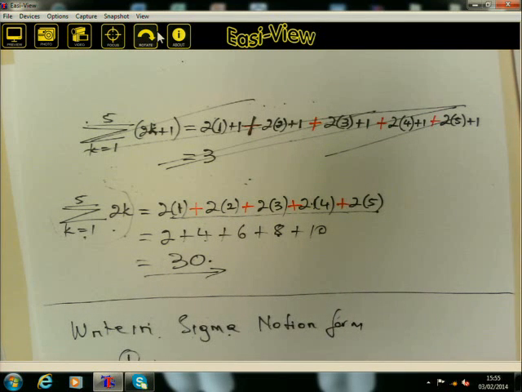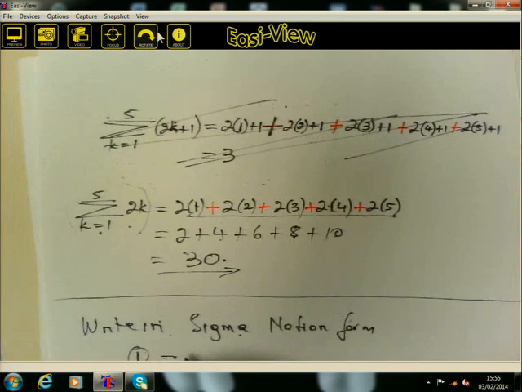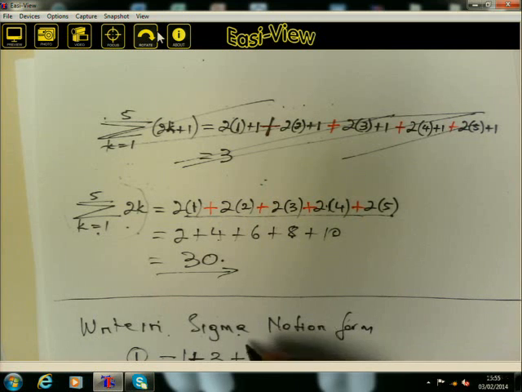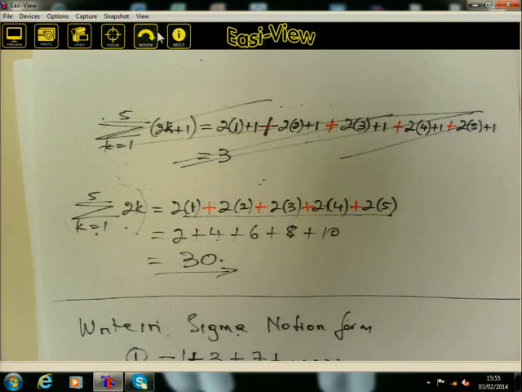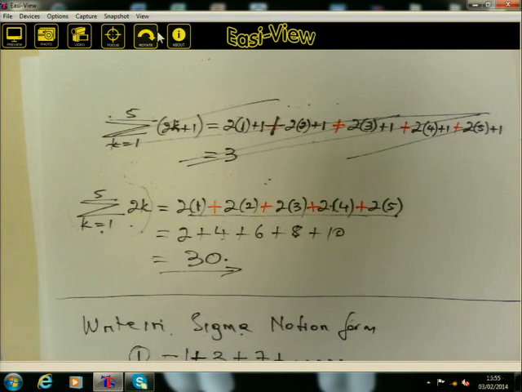The first one that we write in sigma notation form is -1 plus 3 plus 7 plus and so on. The second one that I want us to do, we'll do together, will be 4 minus 2 and minus 8.